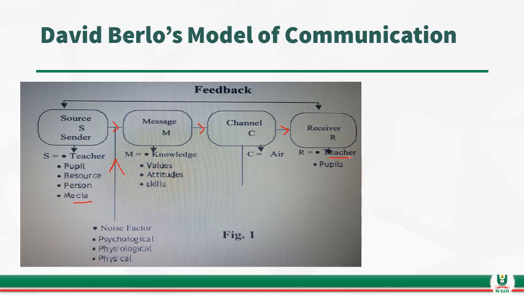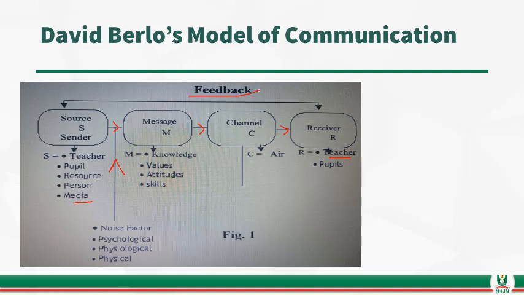So that is how communication is used in the classroom, and communication originates from the sender to the receiver. The final stage of the communication model is the receiver, which I've explained, and the feedback. These are the response, the reply from the receiver.